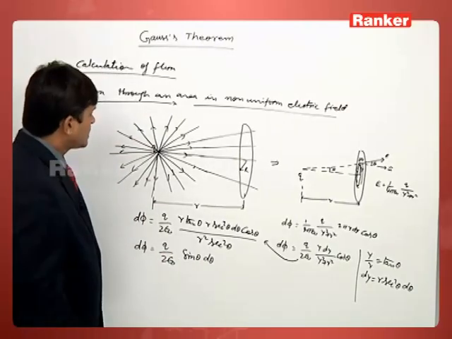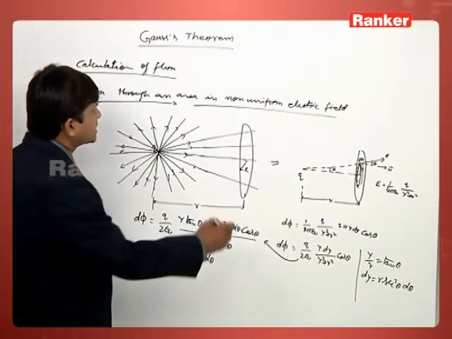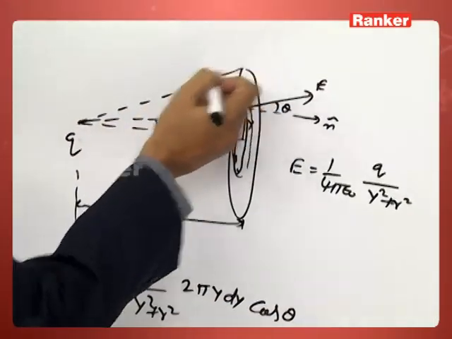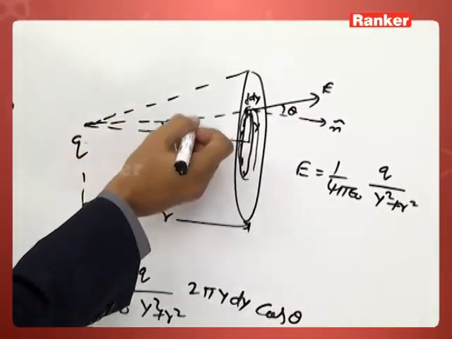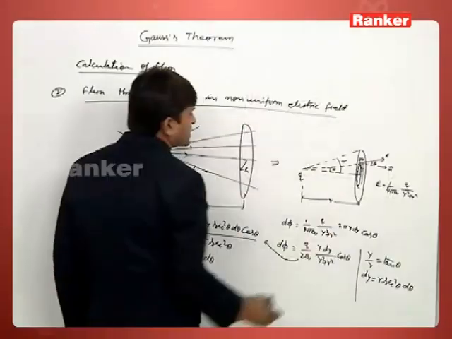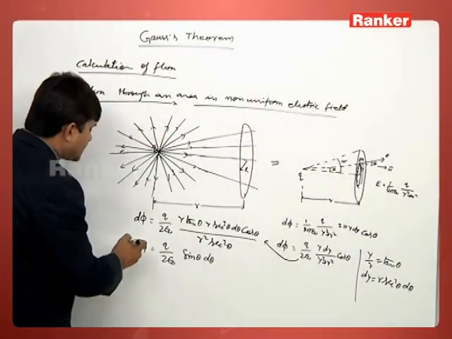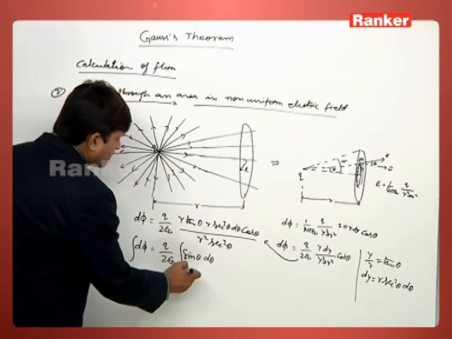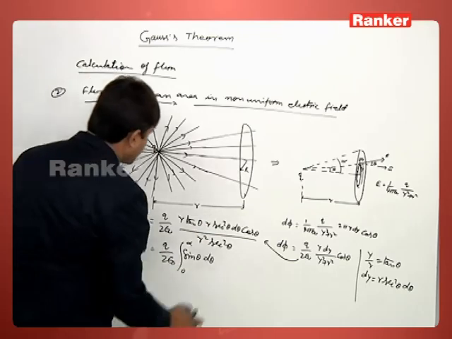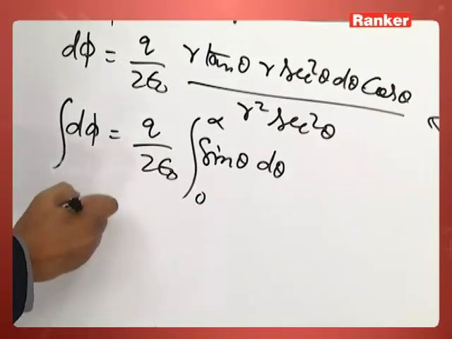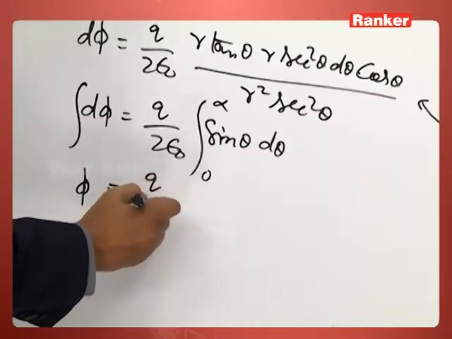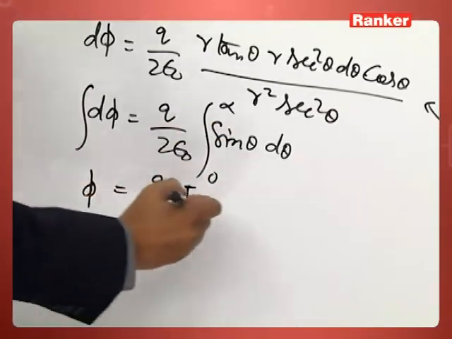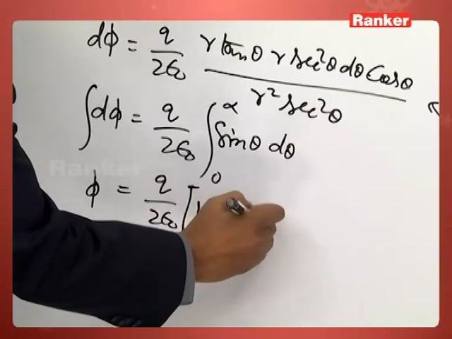Now the theta value depends on the maximum radius here. So let this value we select as alpha. Then if we integrate for total flux, the range of theta will be from 0 to alpha. So total flux can be written as q by 2 epsilon naught, and minus cos theta gives 1 minus cos alpha.